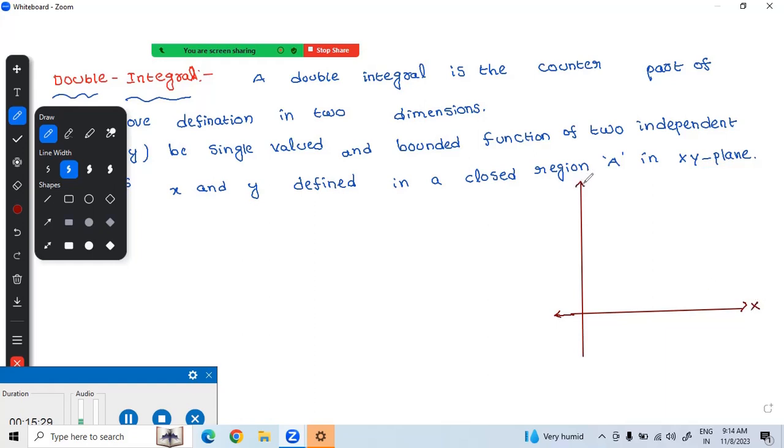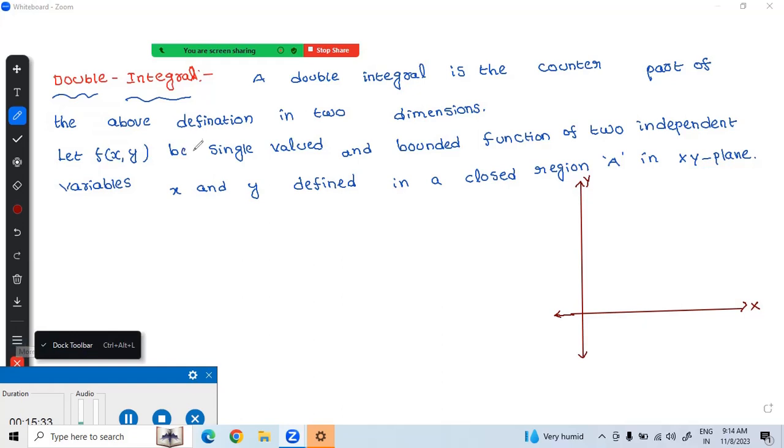XY plane means graph. A double integration is the counterpart of the above definition in two dimensions. F of x comma y is a single valued and bounded function. So this represents area. Consider this is the area, single valued, and taking the delta A parts, some part.